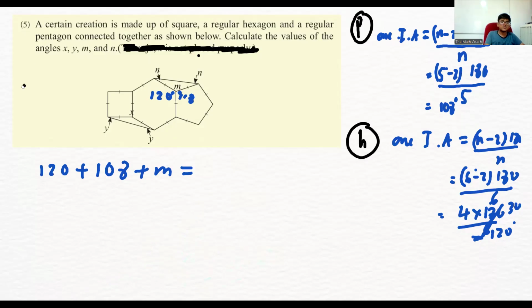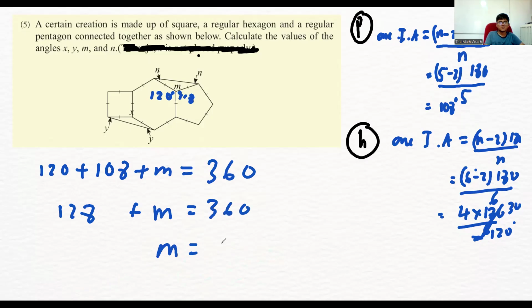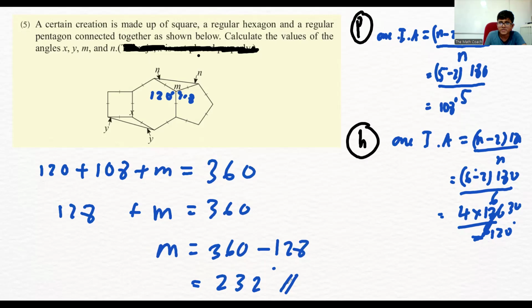So m is going to be 360 minus 128, right? It's going to be 232 degrees. Yep. So it's going to be 232 degrees.